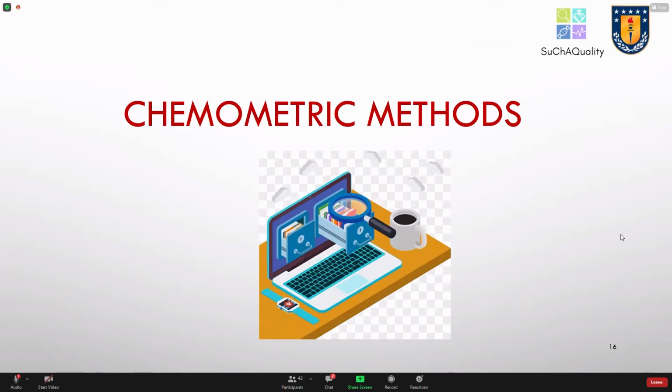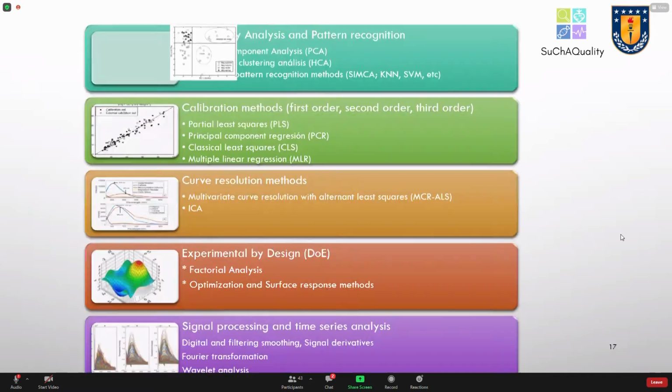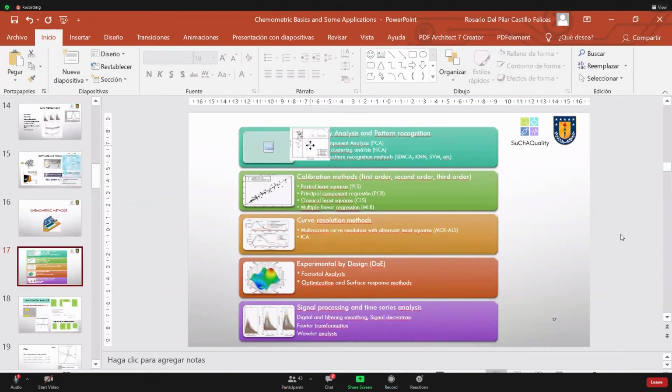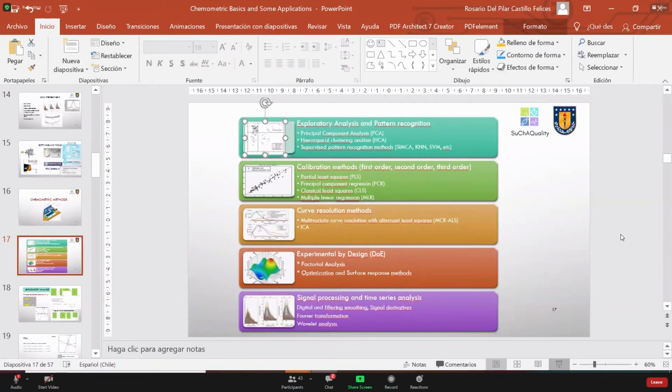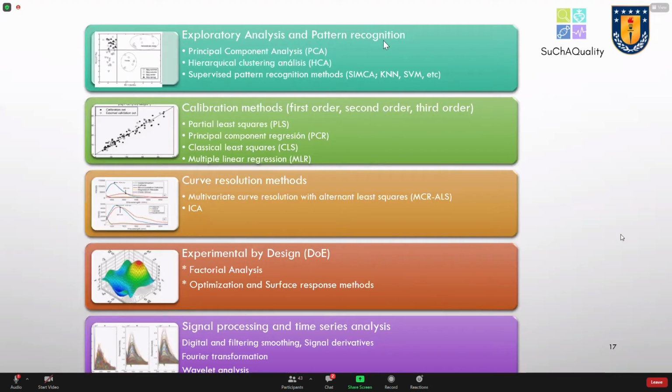So now I will talk about the chemometric methods. Sorry, it was moving. But here we have the principal component analysis, because this is the exploratory analysis par excellence. It has been used for a long time.